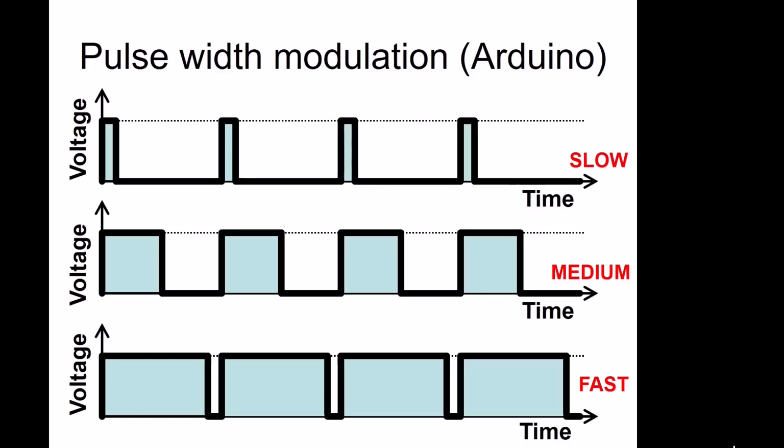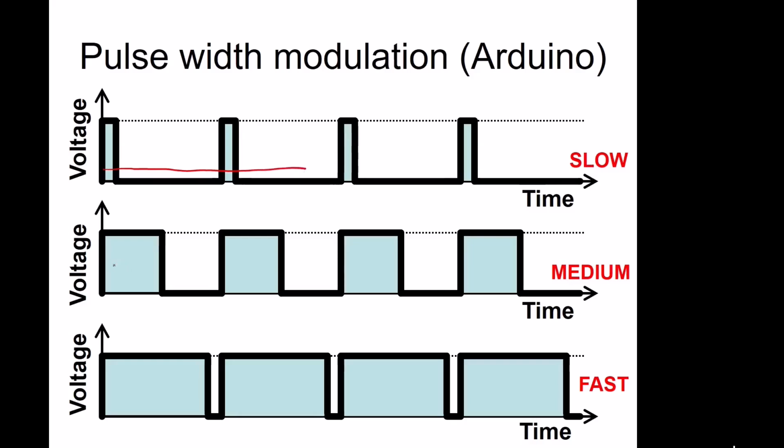Essentially what you're doing is switching a digital signal on and off, and assuming the response of what you're driving is relatively slow, all that device sees is the average of this signal. So if the duty cycle is low, so in this case it's off more than it's on in the top view, then the average voltage or the DC level is going to be quite low.